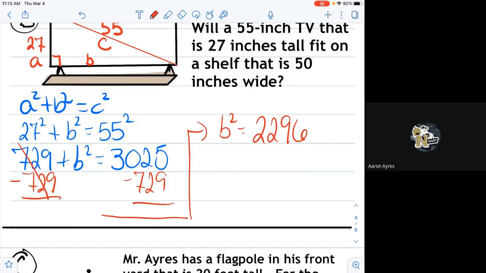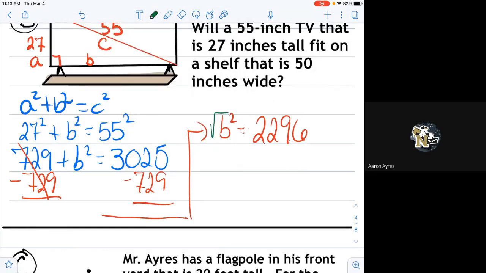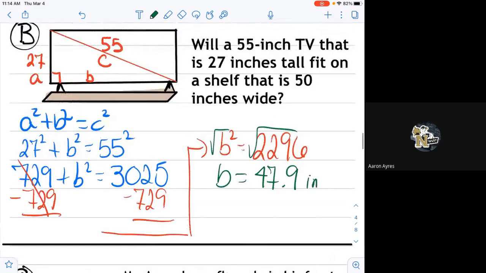Okay with that? Take square roots. And I get b is 47 point something? 47.9. So, is that the final answer? No. What does the question ask?